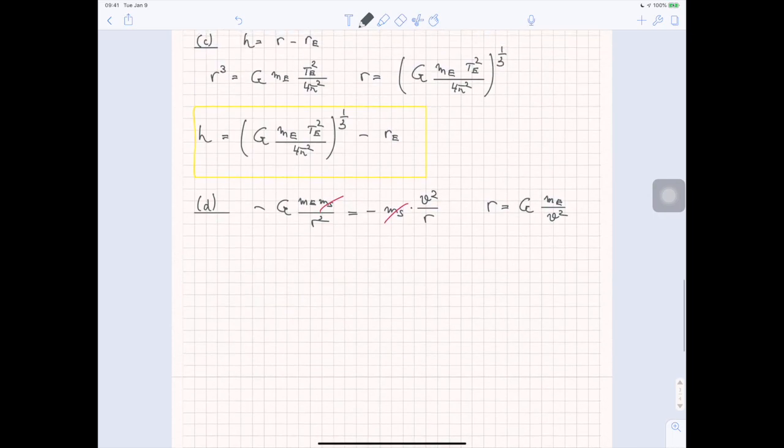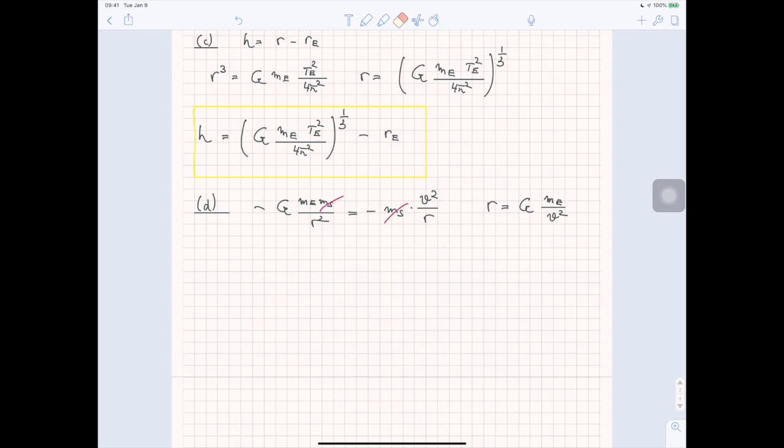Now let's look at something. How can we connect the velocity together with the orbital period? We have just formulated r as capital G Me over v squared, but we also have written r by itself using the period. So these two expressions are identical, and therefore we can relate the period and the orbital velocity.